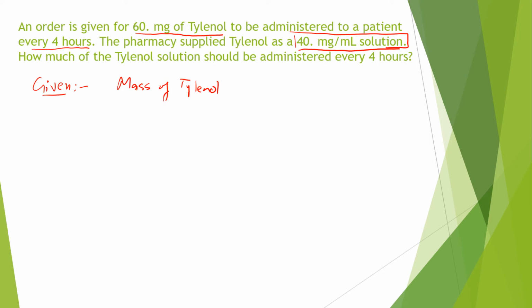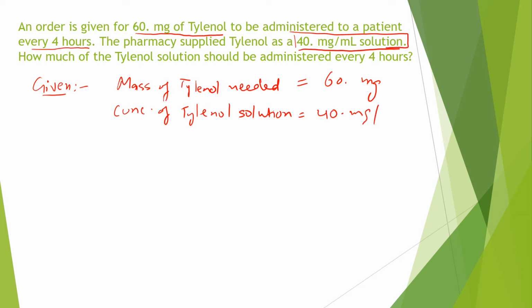So given is the mass of Tylenol needed, 60 milligrams. So this much Tylenol is needed every 4 hours. And the concentration of the Tylenol solution is also given, 40 milligram per ml.